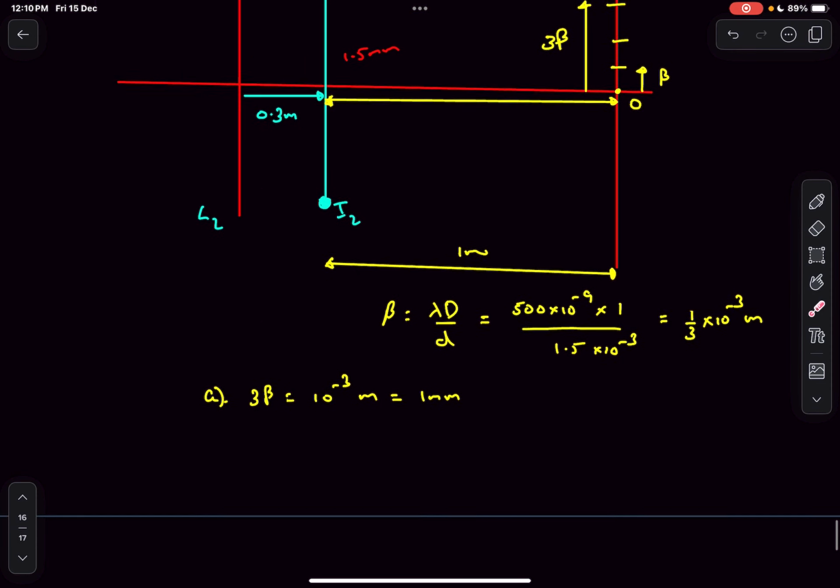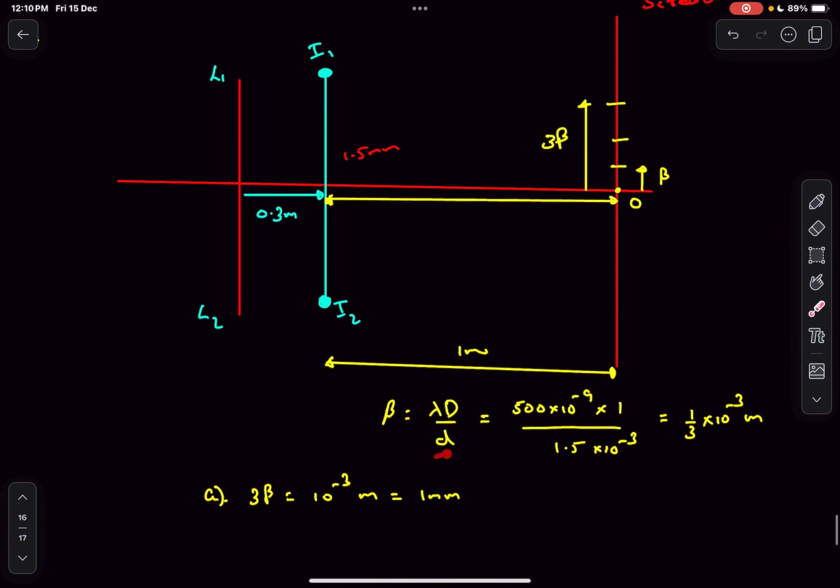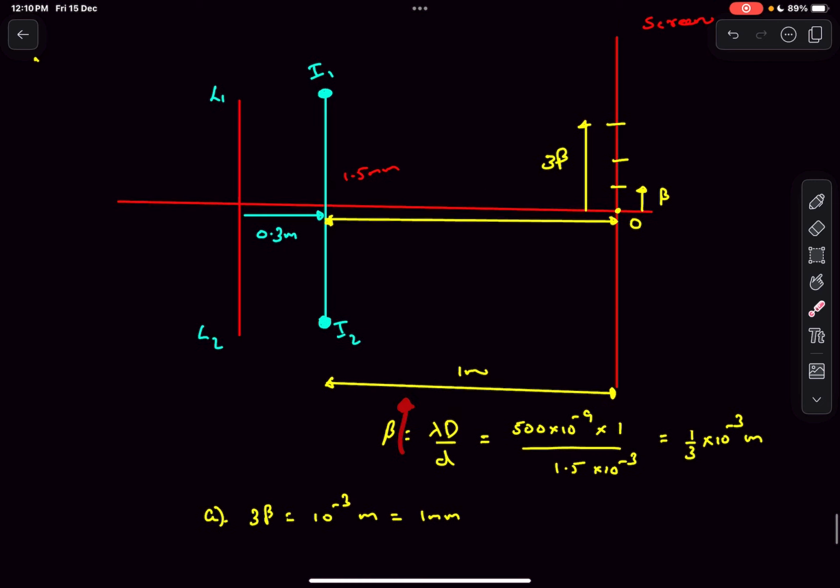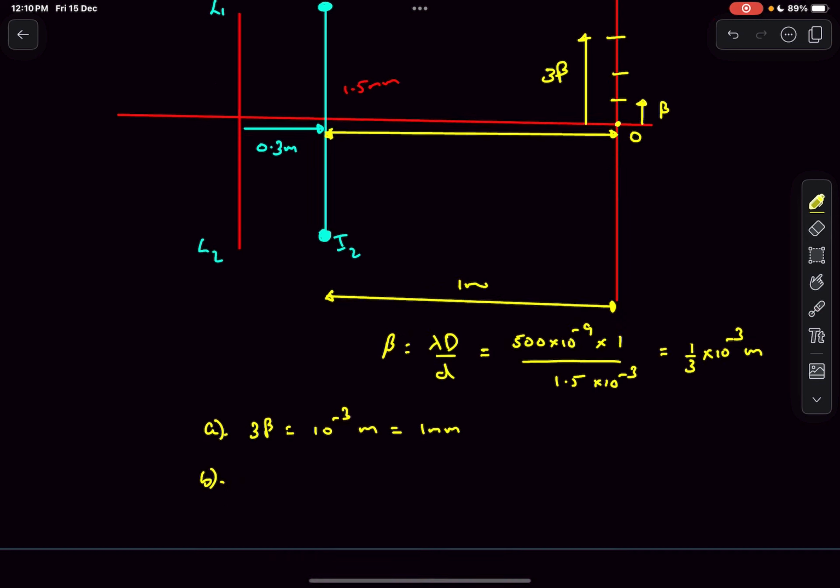So essentially the value of small d is going to decrease, which means the fringe width is going to increase. And therefore the distance of the third maxima, or of any maxima from the point O, will increase. So the answer for option B is that the distance will increase.